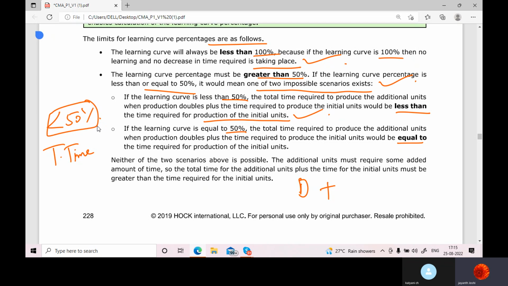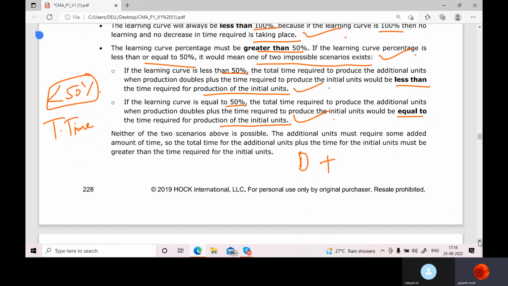Because when you enter into doubling, you definitely take less time than what you were taking when you were producing the initial units, correct? So always it is the same. Learning curve less than 50, you'll take less time. Learning curve equal to 50, you'll take what? Equal to the time required for production of initial units. Equal time, same time. Yes.